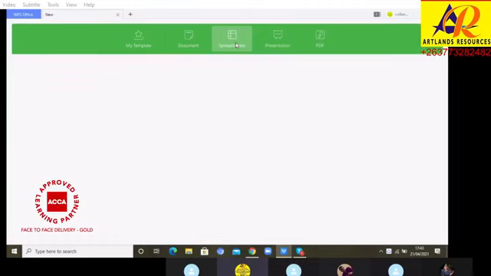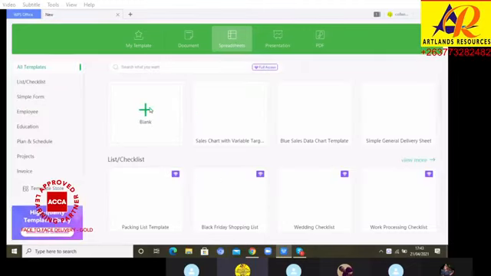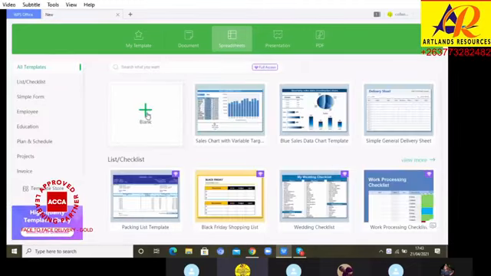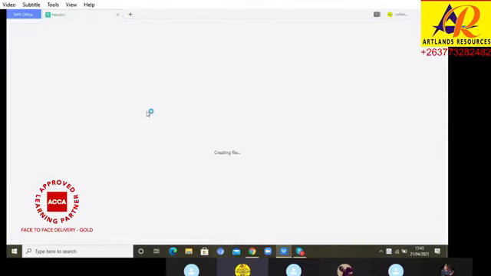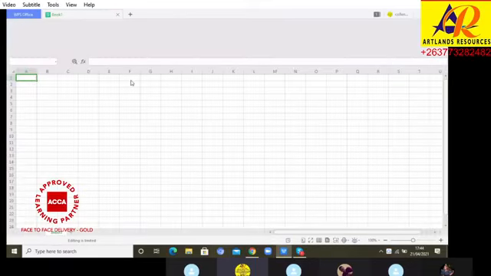Allow it to open. It may take just a few seconds, but in final analysis, it will open. You know, it's because I don't use your ordinary Microsoft Excel. Rather, I use a funny application here. They call it WPS Office. Right. Okay.